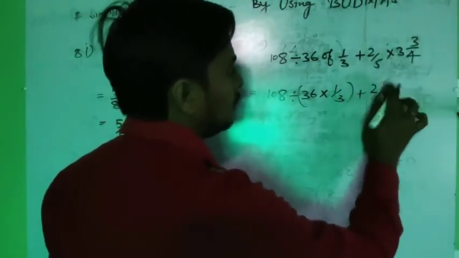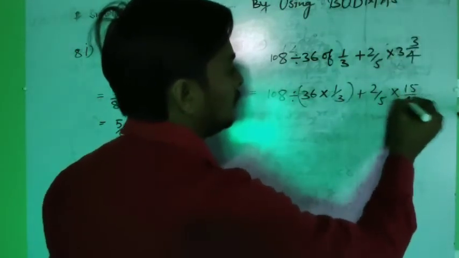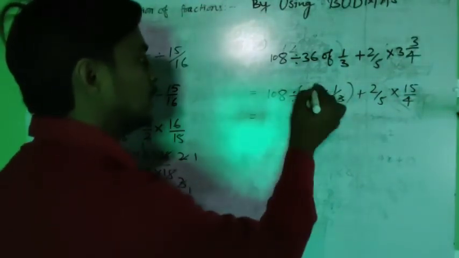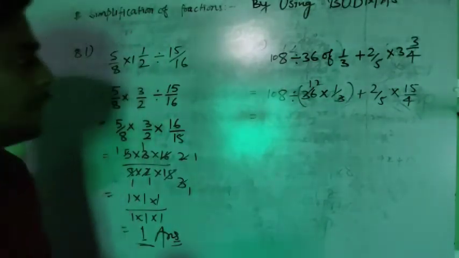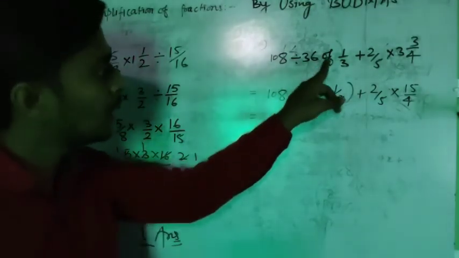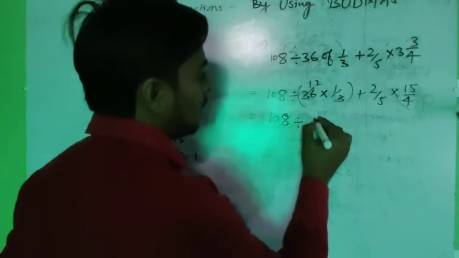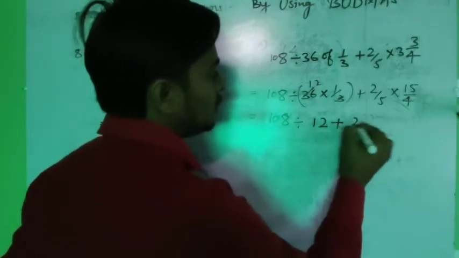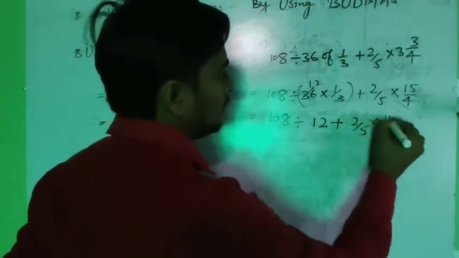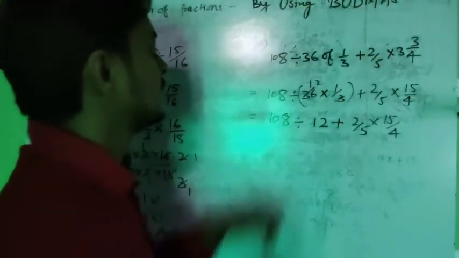Now 3 fours are 12, 12 threes are 15/4, 3 twelves are 36. I am not multiplying first before the division. I am doing of first because of also works like multiplication. So this is divided by 12 plus 2/5 into 15/4. Now of is completed. Division, is there any?